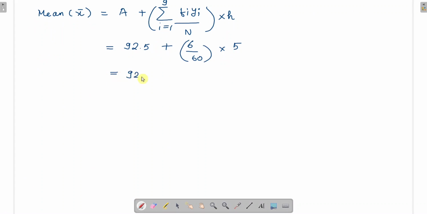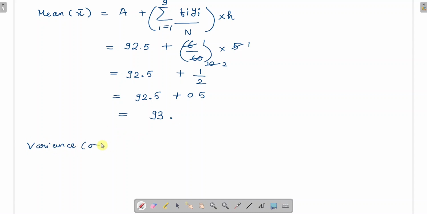So 92.5 plus 6 times 5 is 30, divided by 60, so half, which is 0.5. So this will be equal to 93. So the mean is 93. Now we can find the variance.